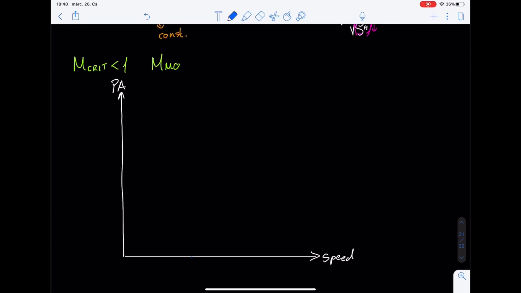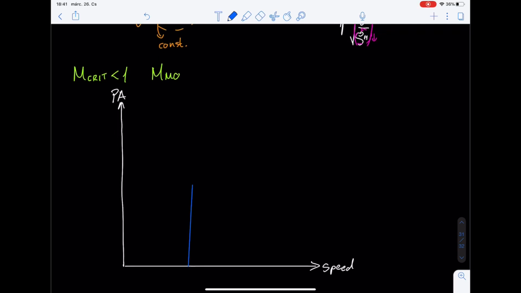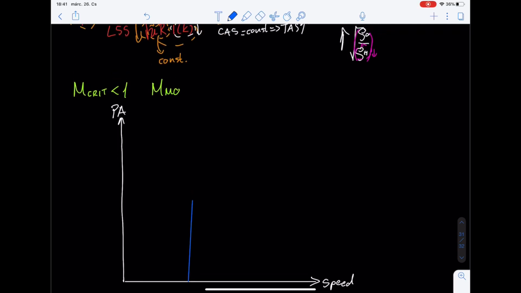We're climbing with a constant calibrated airspeed of 240 knots.